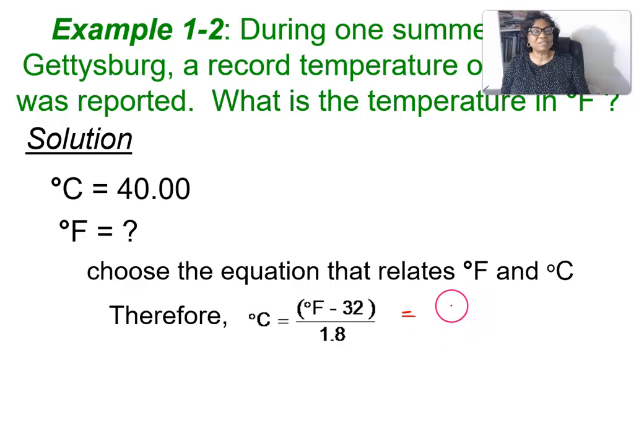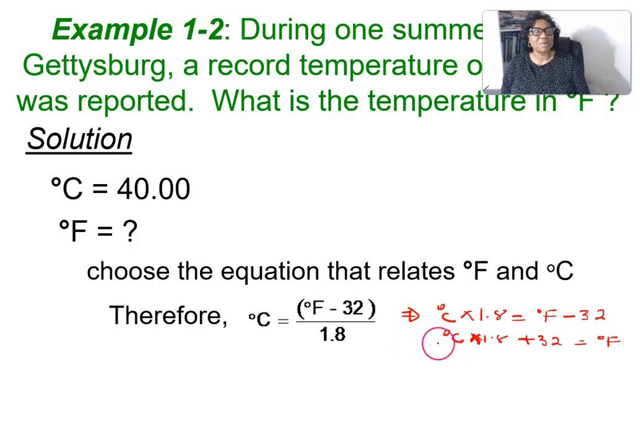So we have to rearrange this equation. Degrees Celsius times 1.8 equals degrees Fahrenheit minus 32. So degrees Celsius times 1.8 plus 32 will give us degrees Fahrenheit. So that's what we are going to do.